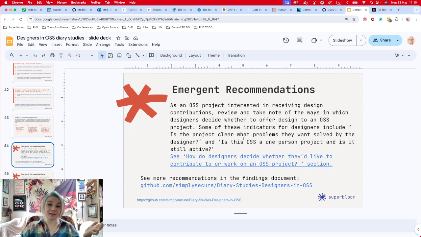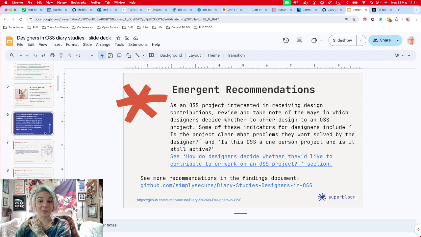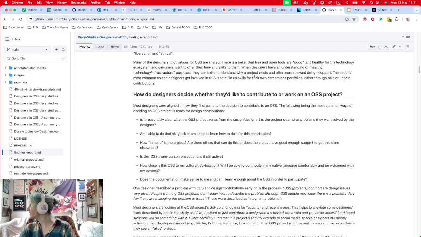We try and condense what we discovered into: if you care about this, we think you can do this, and this will help solve the thing that you care about. Superbloom tries to make this kind of information accessible to open source software projects, especially the ones that don't have as many resources as larger foundations or larger projects.